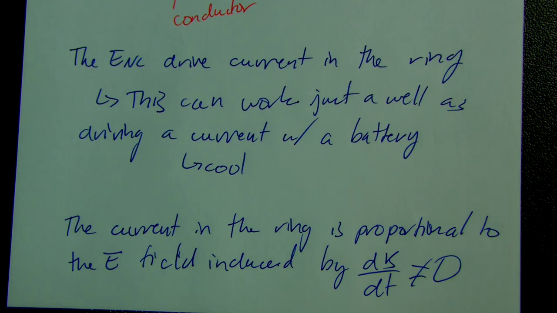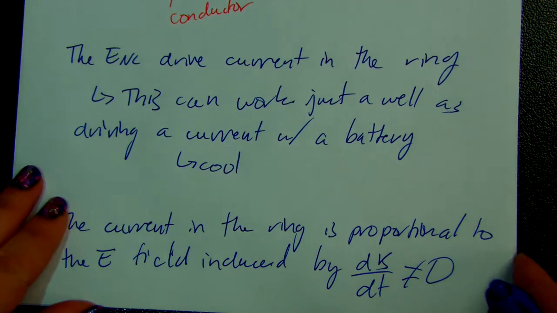And all of this goes perfectly in line with our previous discussions on current and circuits and the relationship between current and electric field. Okay, so let's draw some pictures.